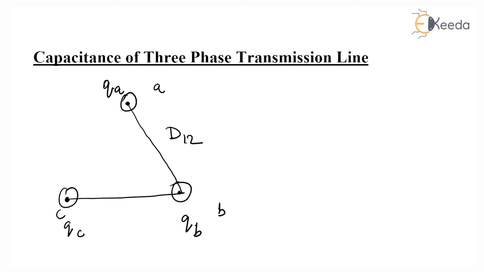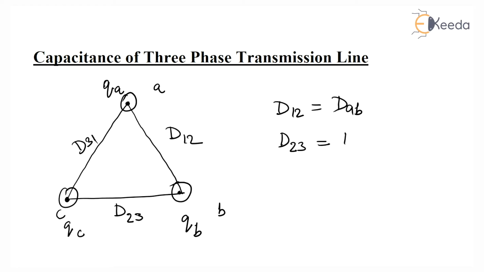Distance from 2 to 3 is D23, and distance from 3 to 1 is D31. Please understand that D12 is equal to distance DAB, D23 is equal to DBC and D31 is equal to DCA.